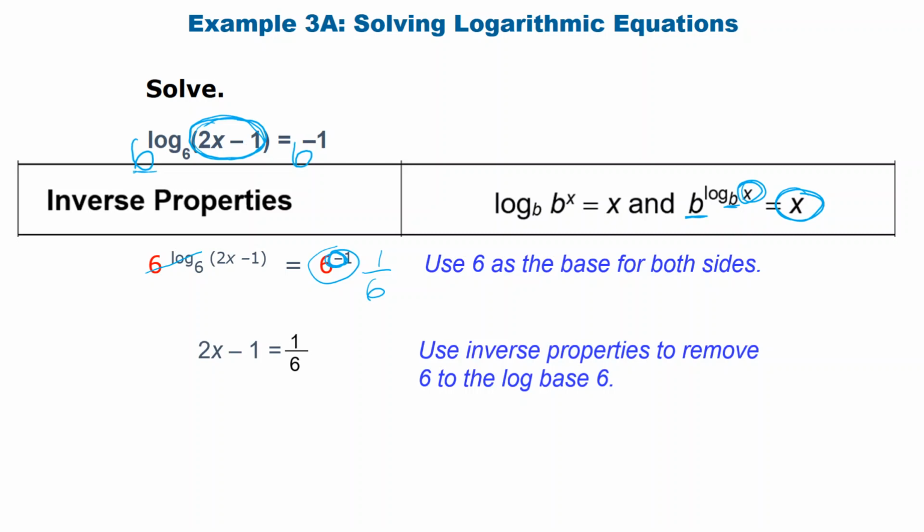All right? And now you can use simple algebra to solve this. And we see that x equals 7 over 12. So we just added 1 to both sides, which is 6 over 6. That equals 7 over 6. And then by multiplying by 1/2 on both sides, I end up with 7 over 12.